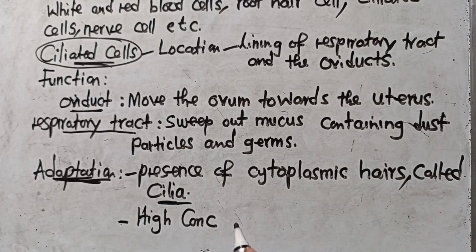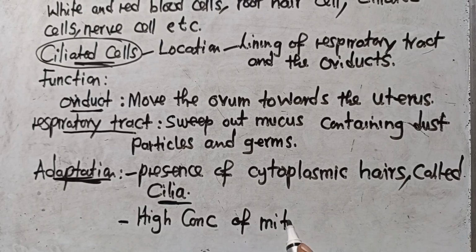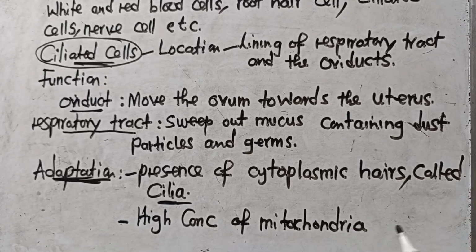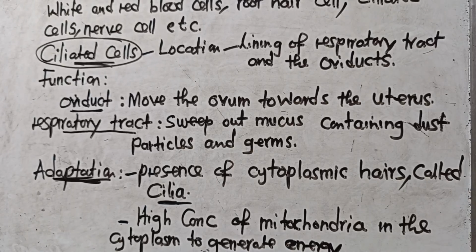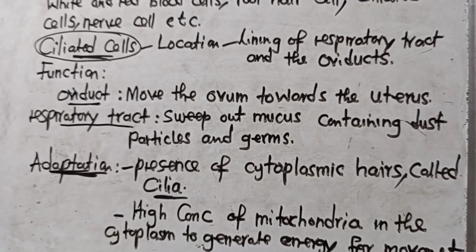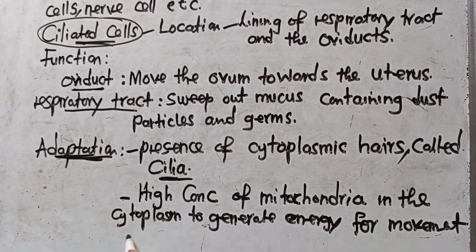They have a high concentration of mitochondria in the cytoplasm to generate energy for movement of the cilia.